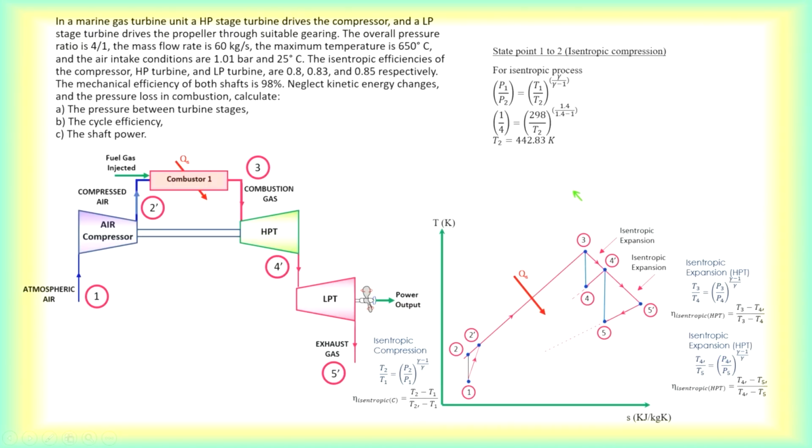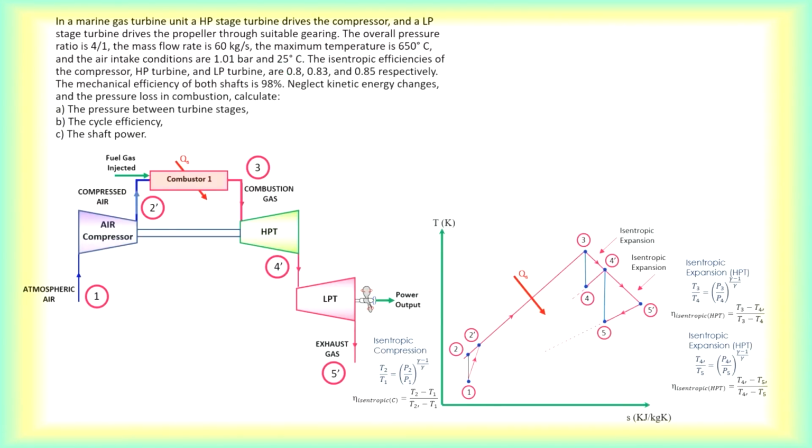So first, what we need to do is find the temperatures T1, T2, T2 prime, T3, T4, T4 prime, T5 and T5 prime. The temperature at the compressor inlet is given: 25 degrees C.